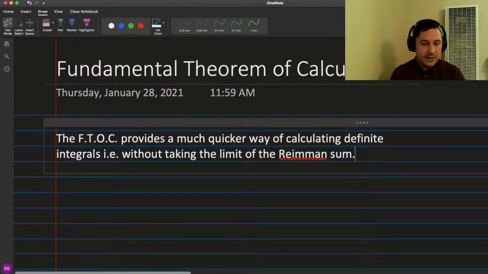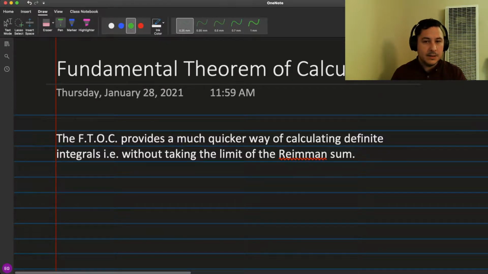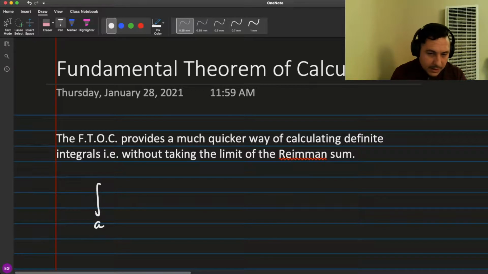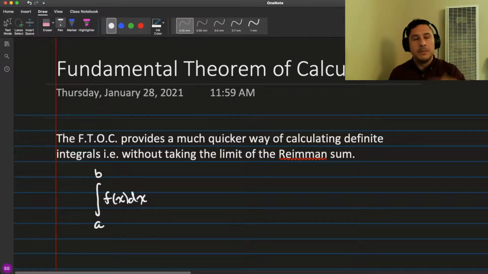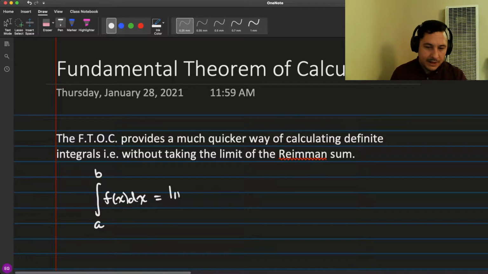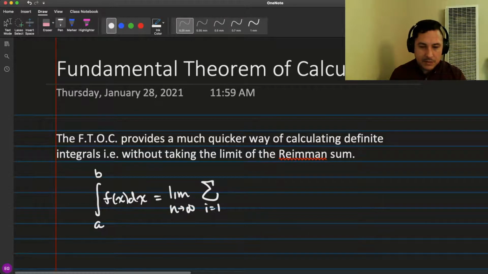Okay, so right now, if we want to calculate the integral from a to b of f of x dx, in other words, the area under f of x above the x-axis between a and b, we have to do this horrible thing: the limit as n goes to infinity, sigma i equals 1 to n of delta x f of xi.